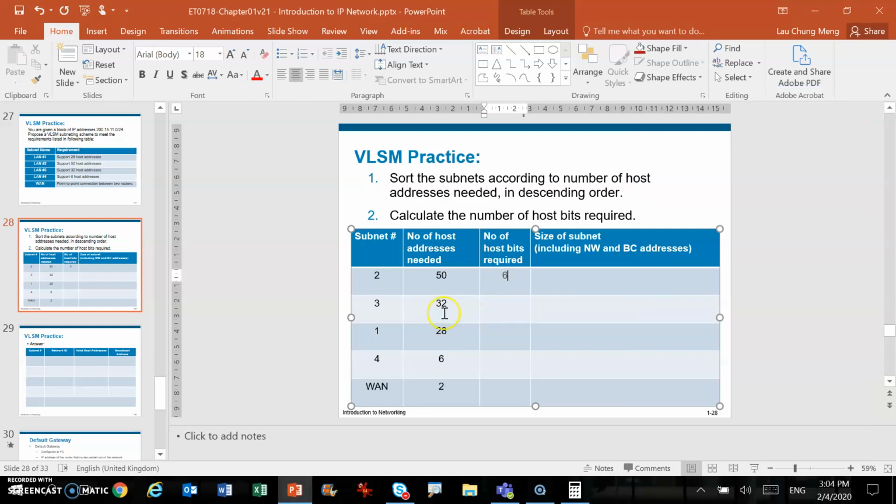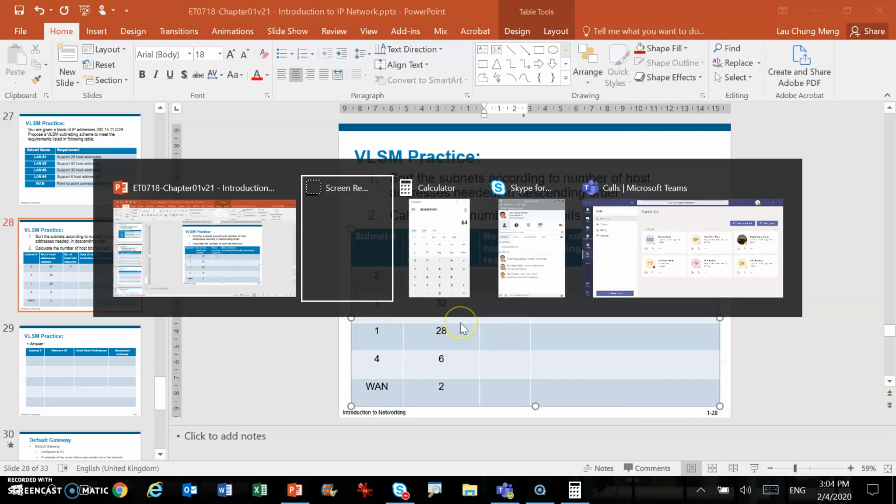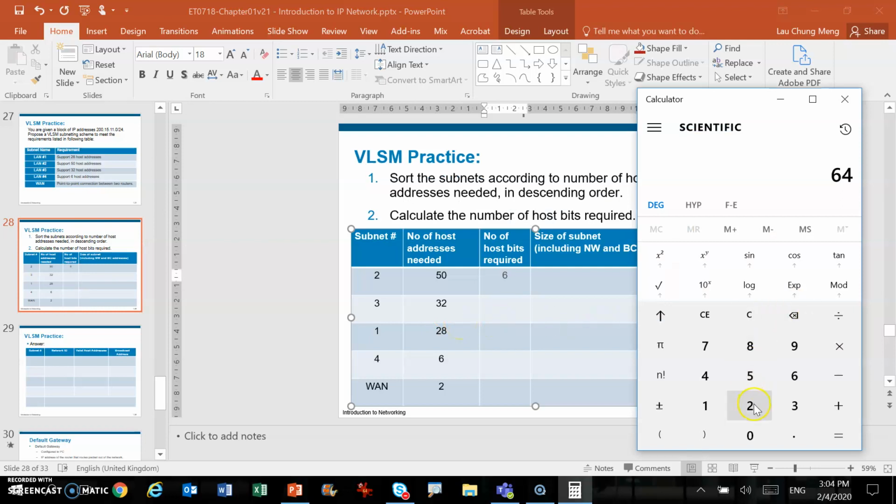How about the next one, 32? If we take 2 to the power of 5, just now it was 32. So it seems that it works, but if you remember, we need to minus the network address and the broadcast address, then this will only give us 30 IP addresses, which is not enough.